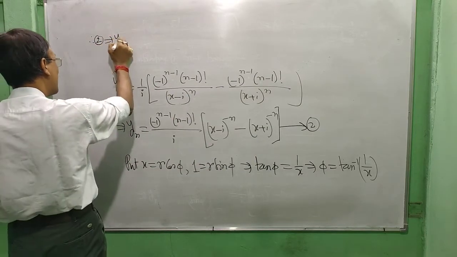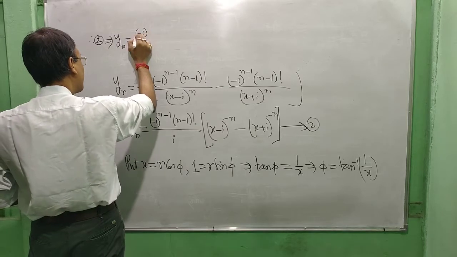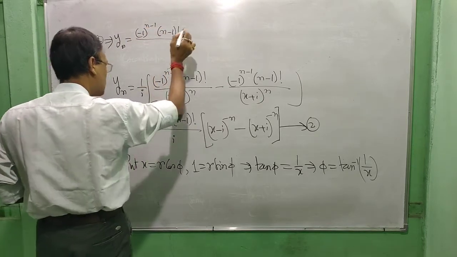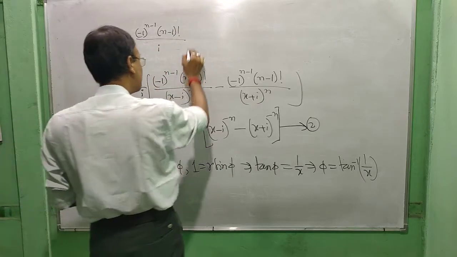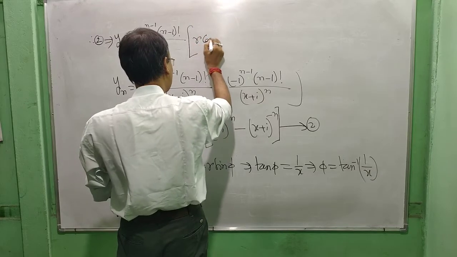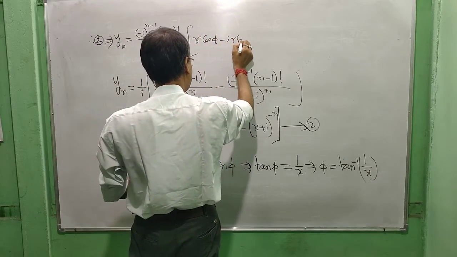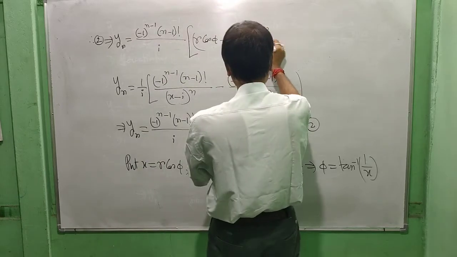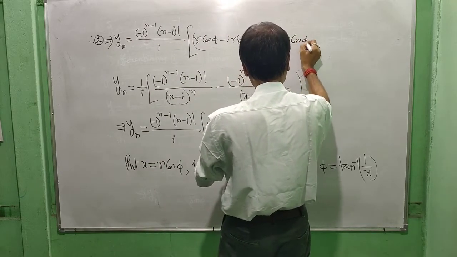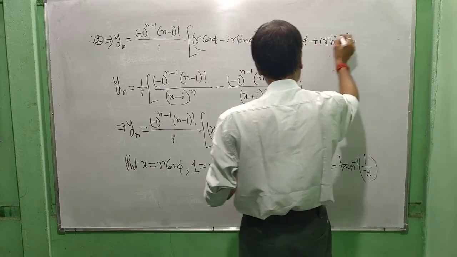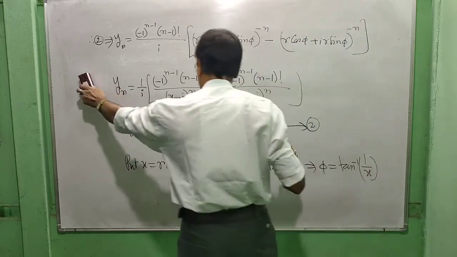This implies yn is equal to minus 1 to the power n minus 1, factorial n minus 1, divided by i, times (r cos phi minus i r sin phi) to the power minus n minus (r cos phi plus i r sin phi) to the power minus n.